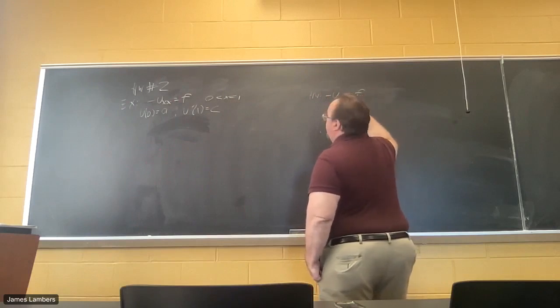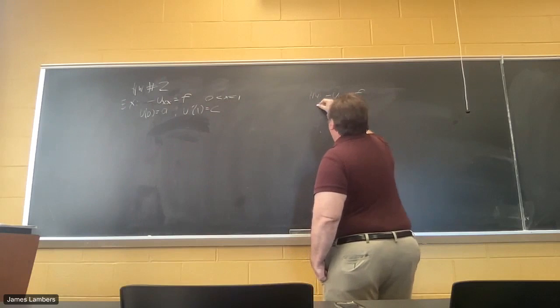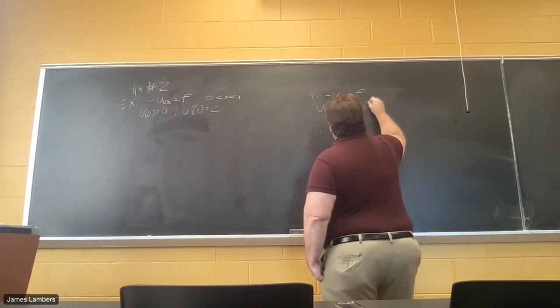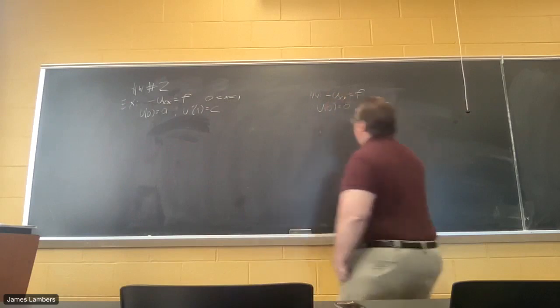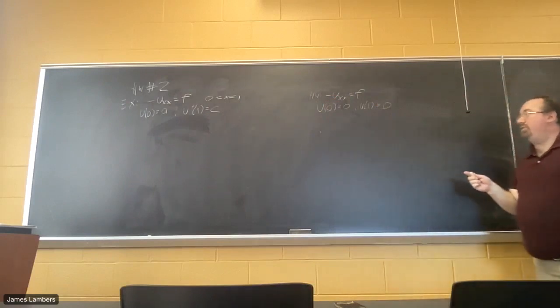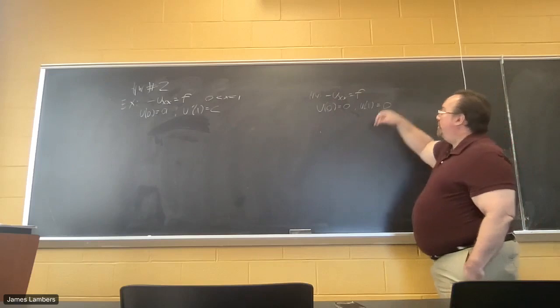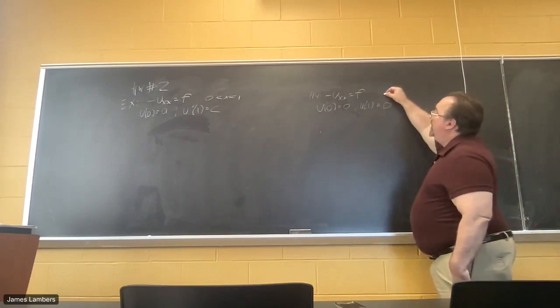You have a given f value, and then you have u(0) and u(1) both equal to 0. So it's a different type of boundary condition on the right end, Dirichlet instead of Neumann, and both right-hand side values are 0.